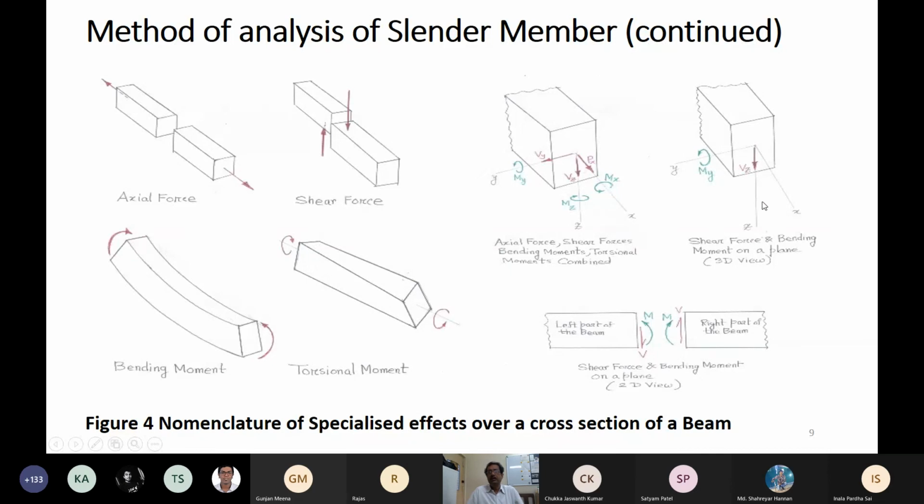The moment will be acting on the plane ZX about the y-axis. This depends upon the application. So that is how we are discussing the most popular application. It does not mean the others are really insignificant. In some other application, this will be equally important or more important. Okay. Okay, sir.